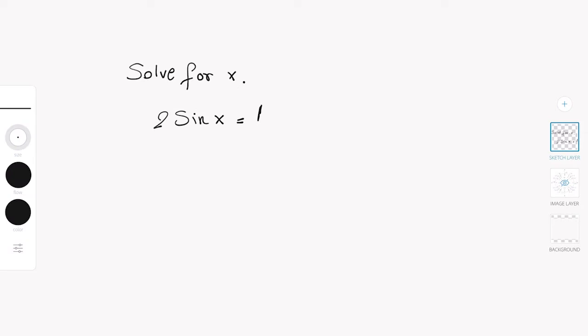So in order to solve for the x here, we need to have this sine of x on one side of the equal sign without any numbers. That means we need to get rid of this 2. So I can divide both sides by 2. I will get sine of x equal to 1/2.